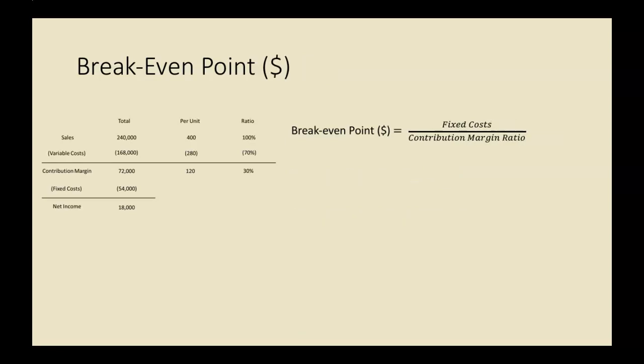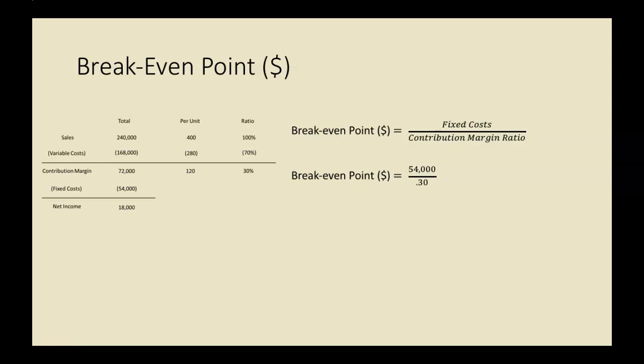Now our break-even point in dollars. So what's our sales amount in dollars that we would need to make in order to break even? So the formula is somewhat similar. Once again, we take our fixed costs, but this time we're dividing it by our contribution margin ratio. So we'll take the 54,000, divide it by 30%.